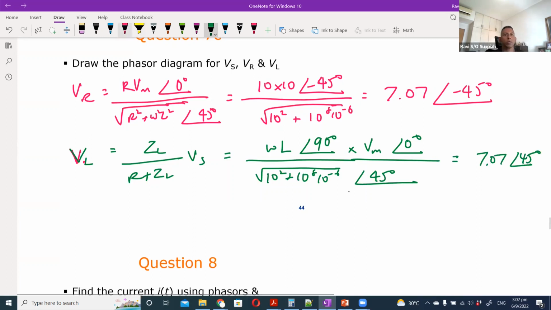Okay, so if you were to draw it, again, it's similar to your studio. Your Vs has no phase angle, so this is your Vs, and your VL is 7.07 at 45 degrees, and your VR would be this way.